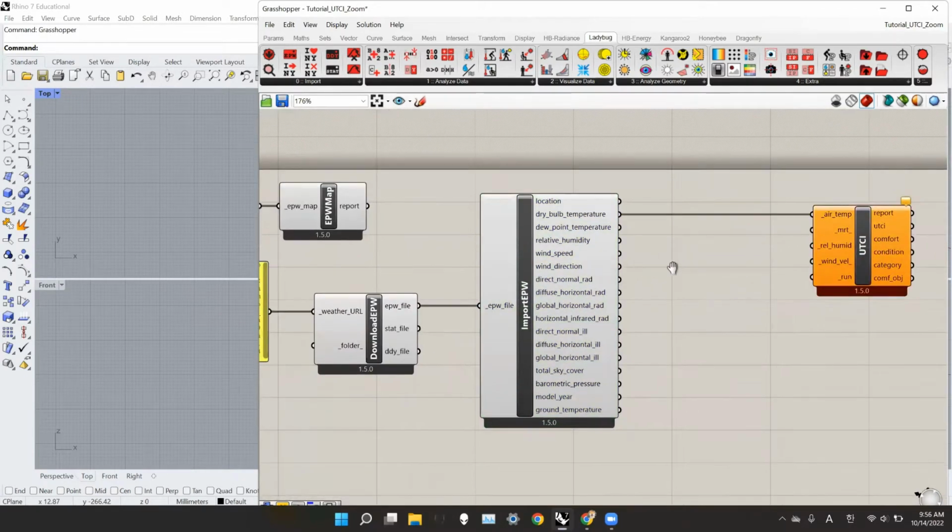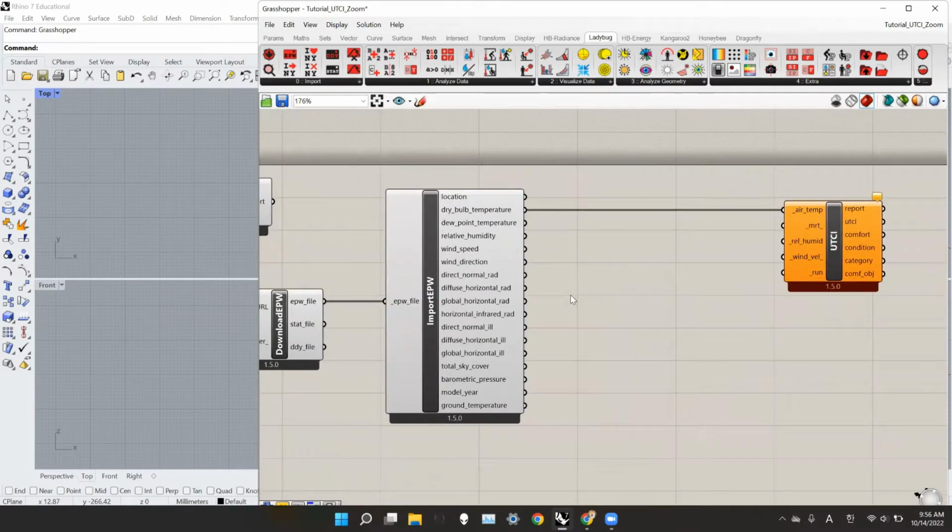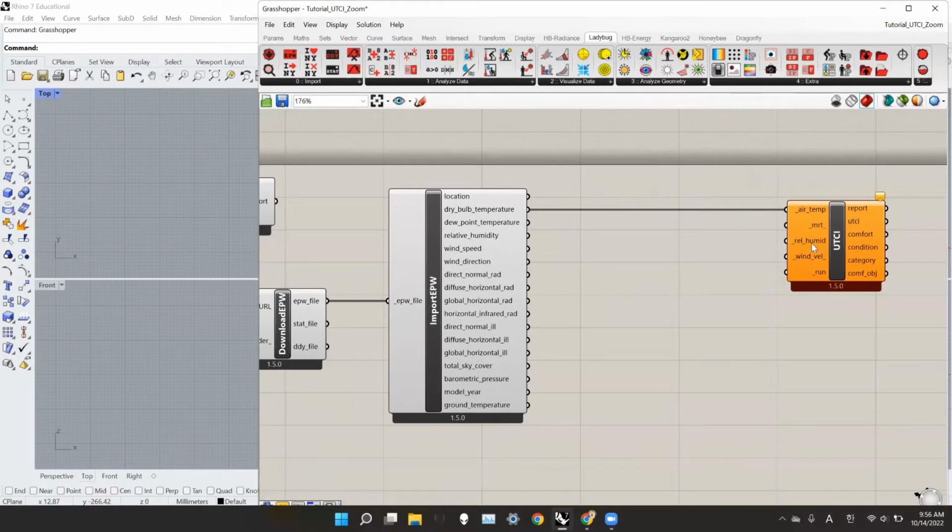Let's look at the UTCI values for Philadelphia in general. We need mean radiant temperature, but let's leave it as default for now. We need relative humidity.